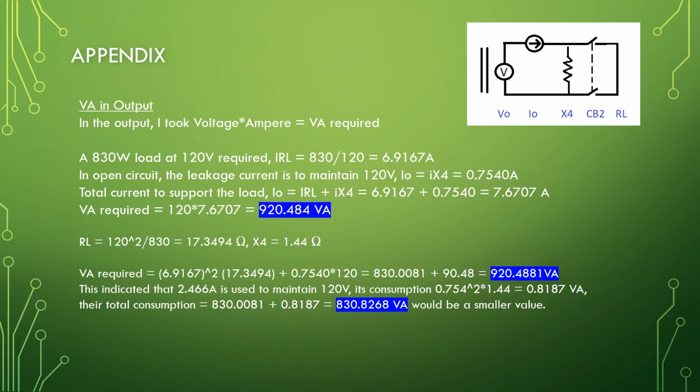RL equals 120 squared divided by 830, equal to 17.3494 ohm. X4 equals 1.44 ohm.